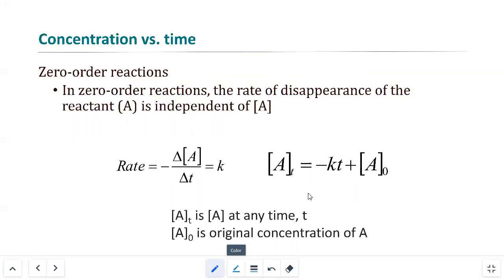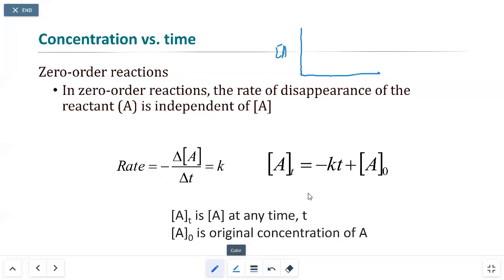And so if we look at it from that standpoint, the relationship that we get is that the rate of reaction is equal to the value of the rate constant, whatever that rate constant is. And so zero order plots, by their nature, are already linear.